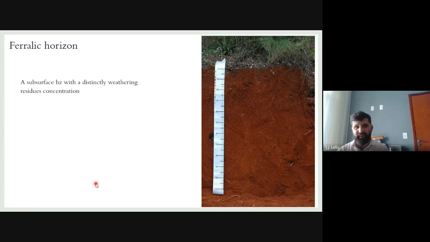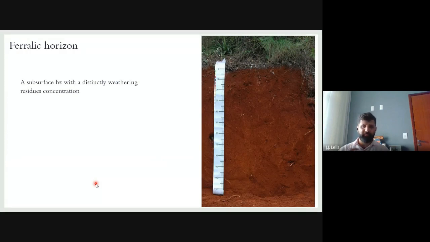Okay, the Ferralic horizon is usually related to well-drained soils, which form iron and aluminum oxides and concentrate these materials. We can't see in this Ferralic horizon a high volume of parent materials or fragments of the parent materials, or a high volume of minerals that could be easily weathered. So in the Ferralic horizon, we can't find a high volume of feldspars composing the coarse materials.